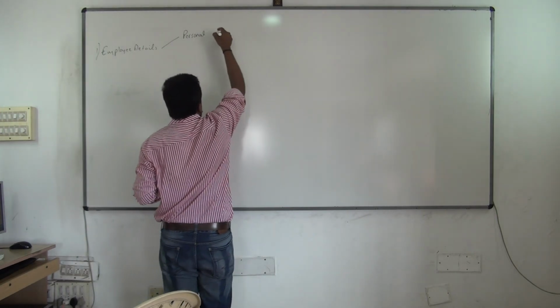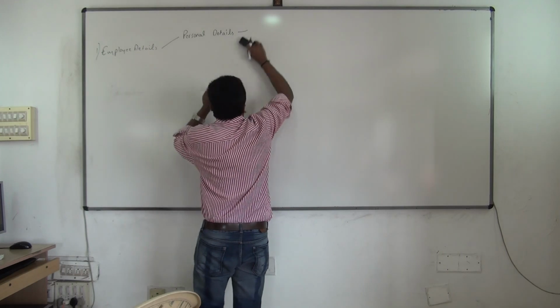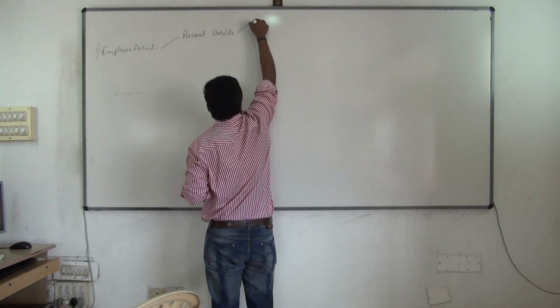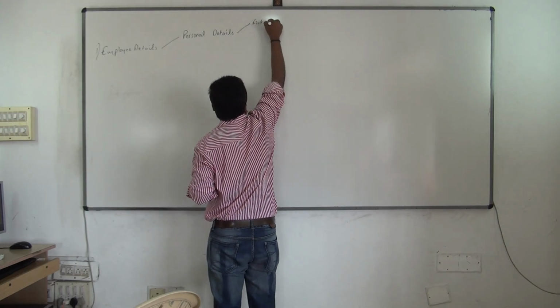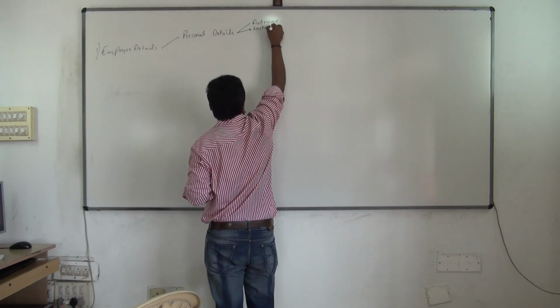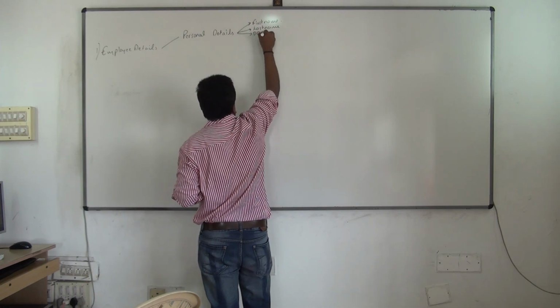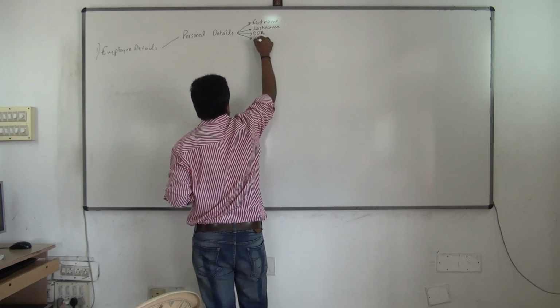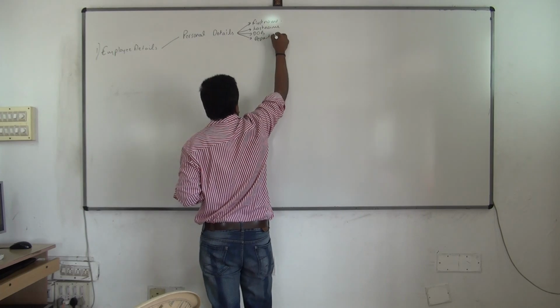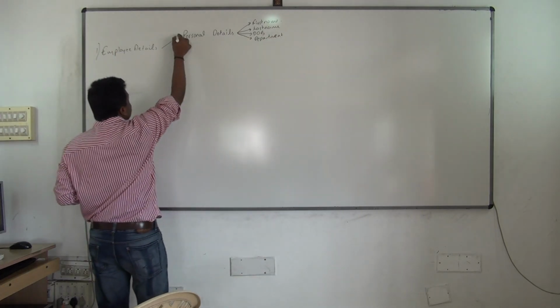His personal details would be something like this. He'll have first name, then last name, then he might have date of birth, then he might be working in a department. So these are his personal details.